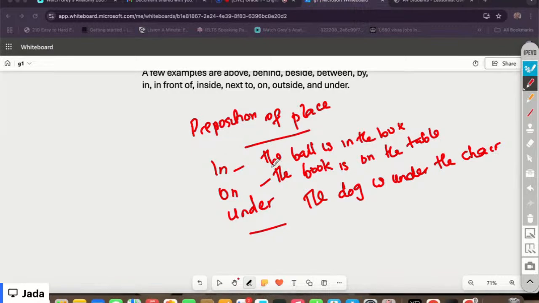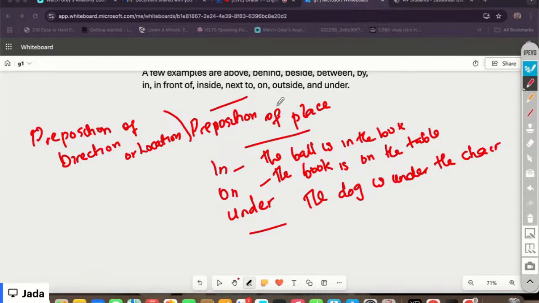So we also have preposition of direction or location. The first we did was preposition of place.